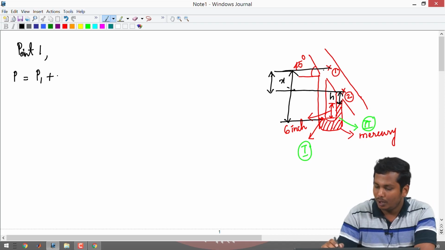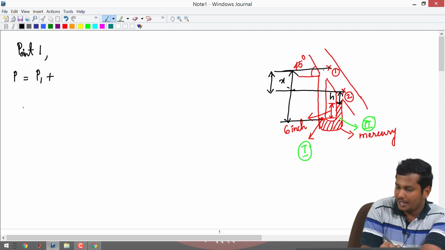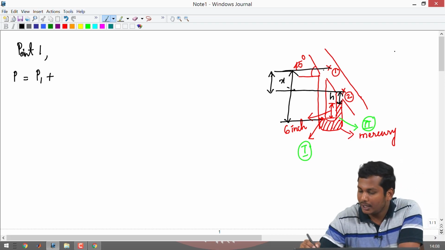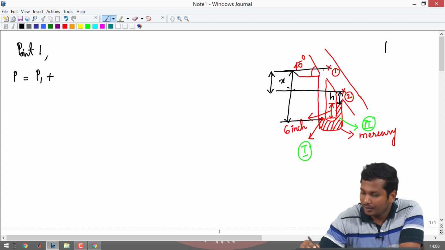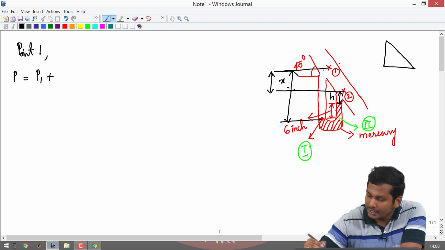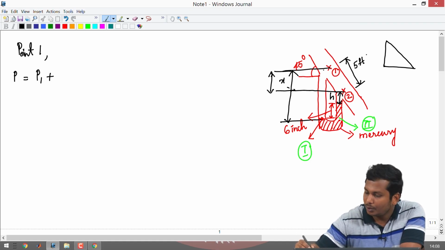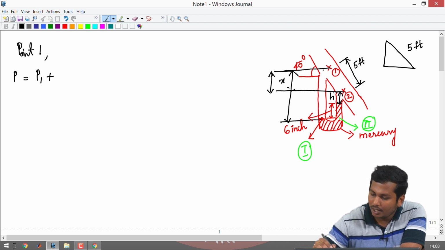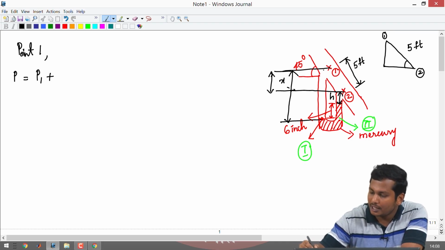Okay. So, to calculate x, first we make a right angle triangle. And again in the question it is given that the distance between point 1 and 2 is 5 feet. So I just remade the part of this channel here, which is a 5 feet distance between point 1 and point 2, and we know that the angle is 45 degrees.